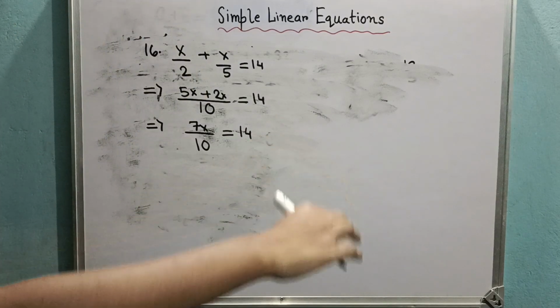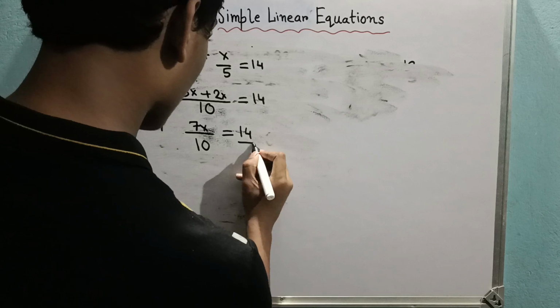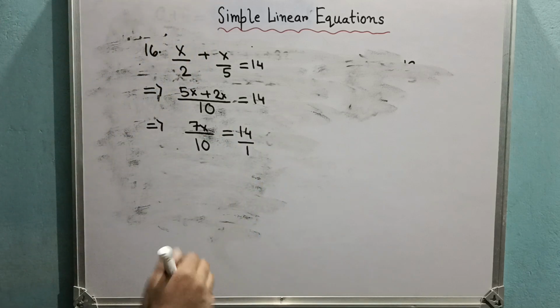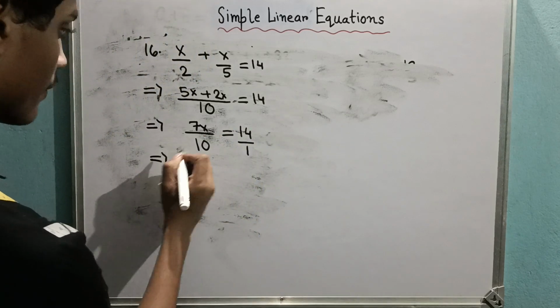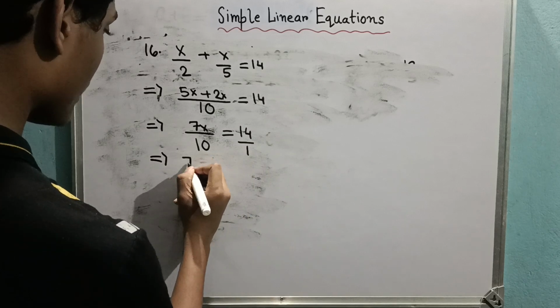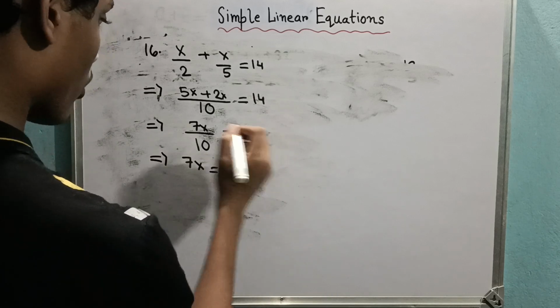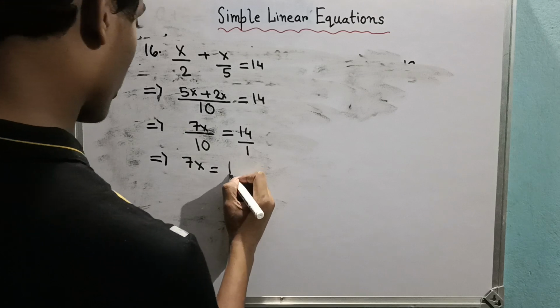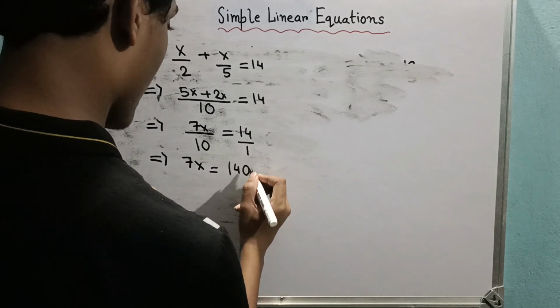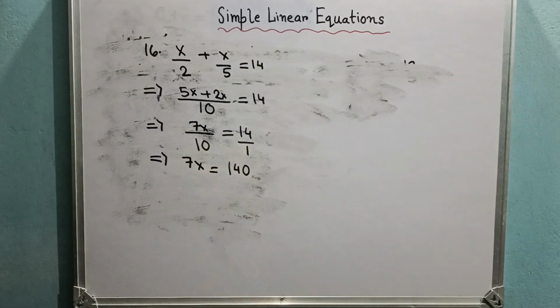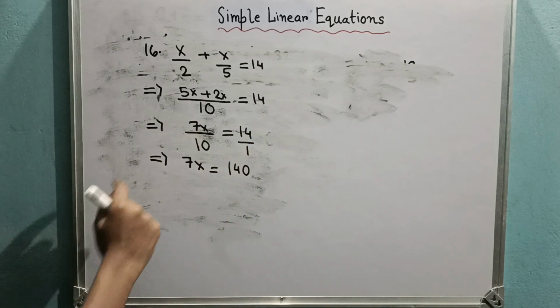So now you need to do the cross multiplication. To make it look easier, I just write a 1 here. Okay, so 7x into 1 equal to 7x equal to 14 into 10 equal to 140. And you can write it on any side. If it is comfortable for you to multiply the constants first, you can do 14 into 10 equal to 7x into 1.